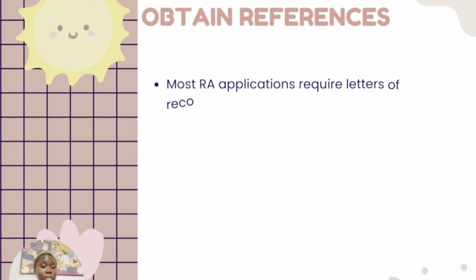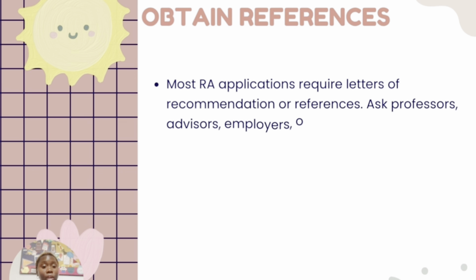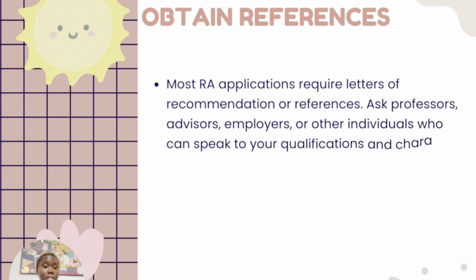Then obtain a recommendation letter. Most RA positions will tell you to provide a recommendation letter. And a recommendation letter is very important. I said earlier that I was actually reviewing applications for residential assistants. We look at the cover letter, we look at the resume, and we look at the reference. We want a very strong reference.